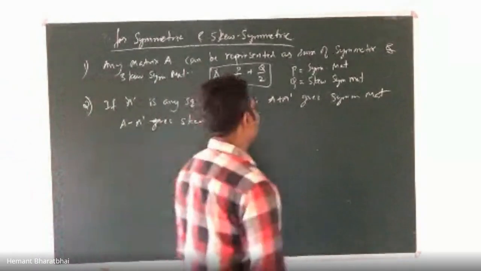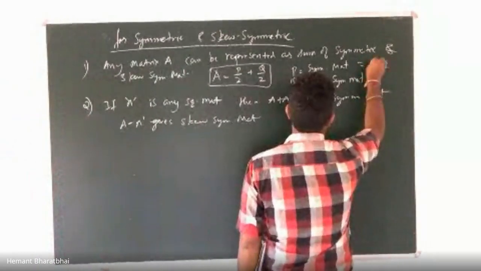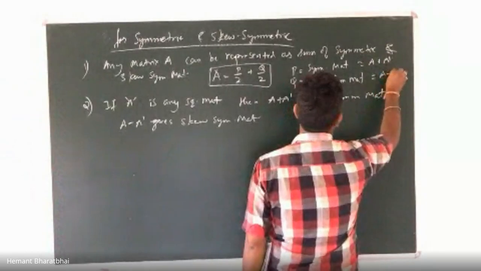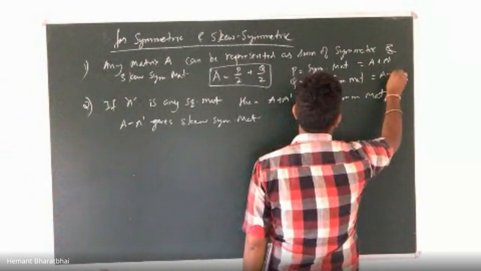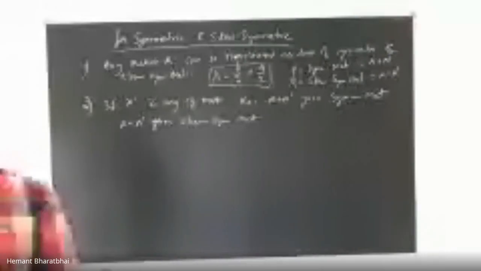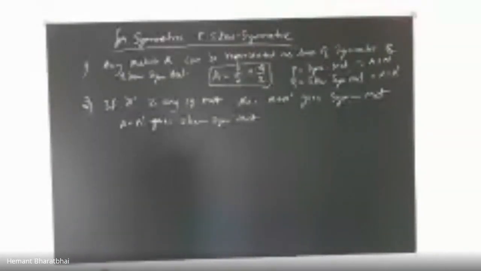So therefore, you can write P as nothing but A plus A dash, and Q as A minus A dash. Let me prove it. Then let's go to the next property.